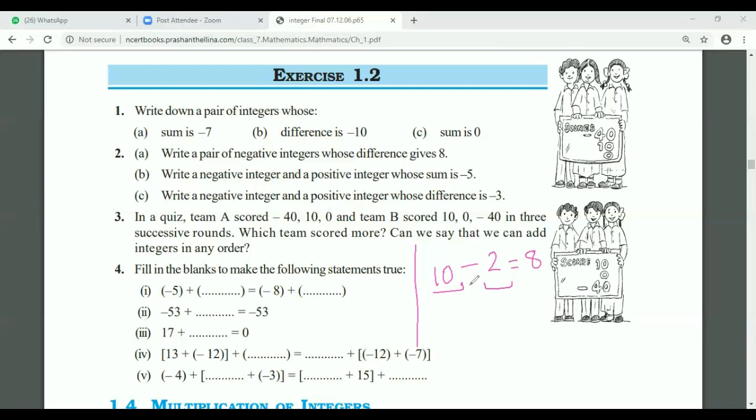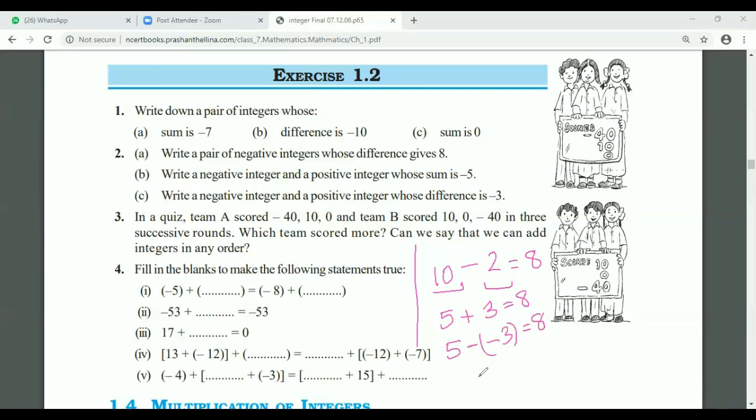If you want to take a negative number in this, you can take 5 plus 3 is equal to 8. This can be rewritten as a difference or subtraction statement as 5 minus -3. So 5 minus -3 is also 8.